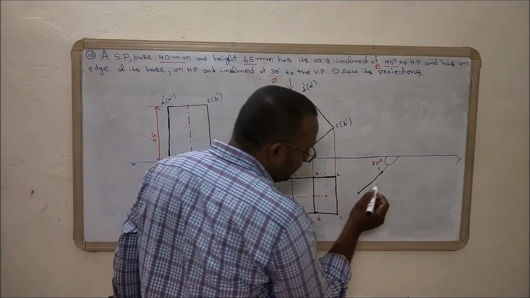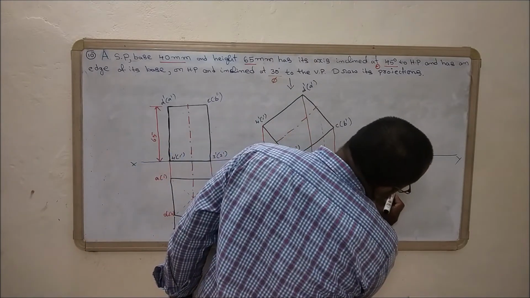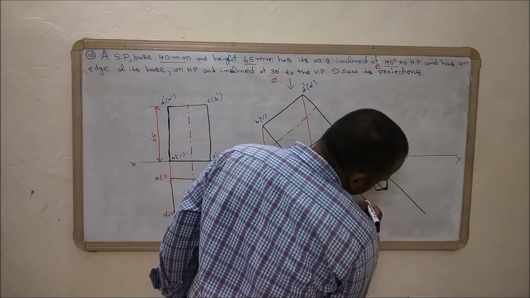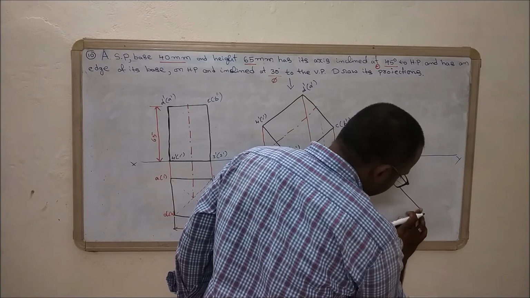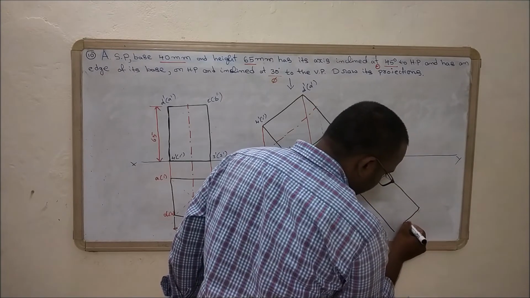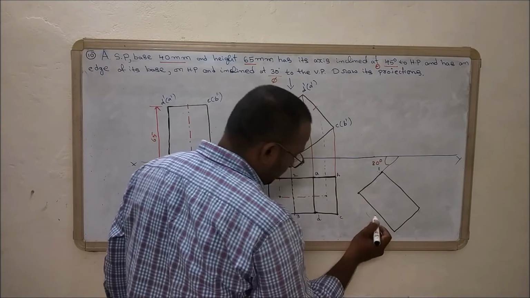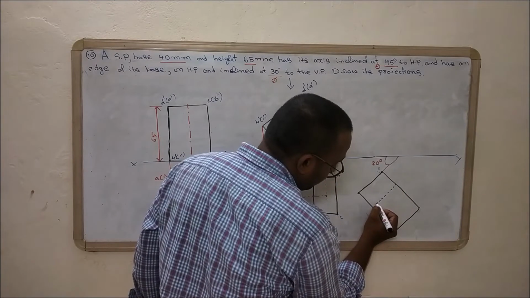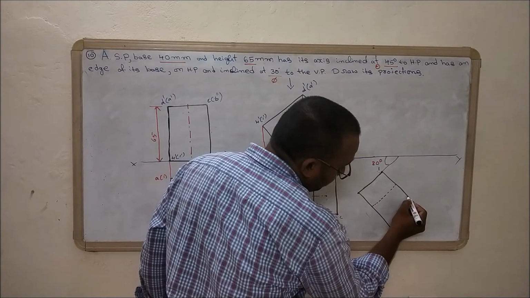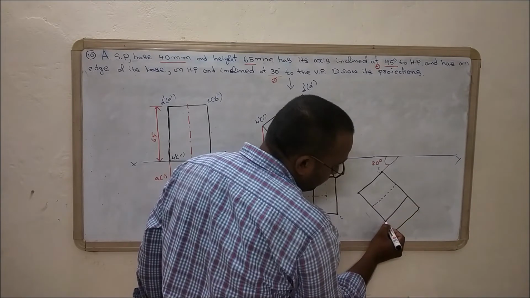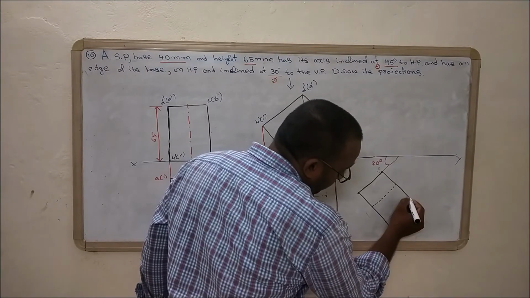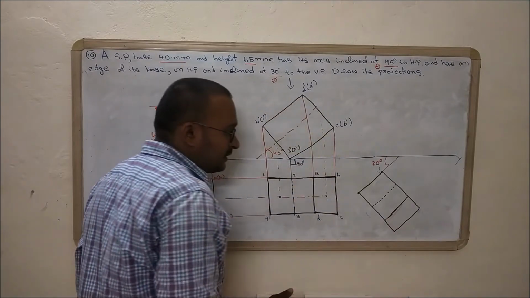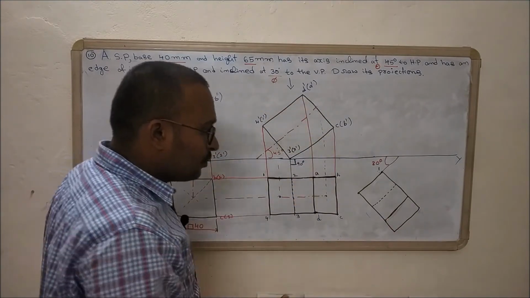Then we need to draw the remaining perpendicular lines. So here this is the as-it-is rotation.